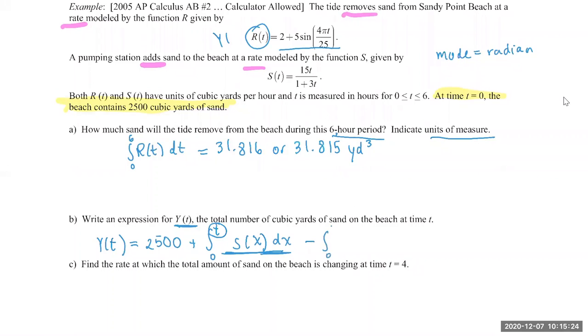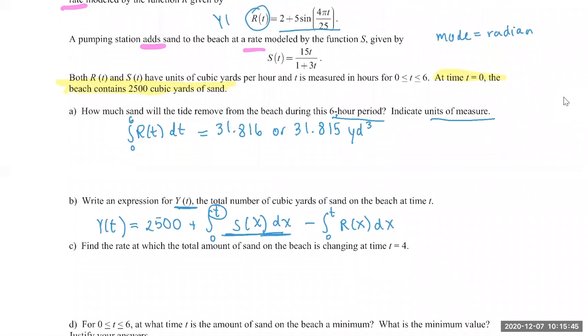So 0 to t of r of x dx. So again, if you think about this, this is saying that you have 2,500 cubic yards of sand. You're going to add this amount that's accumulated from 0 to whatever that time is, and then subtract out the amount of sand that's being removed by the tide. Okay, and this is your expression in terms of t.